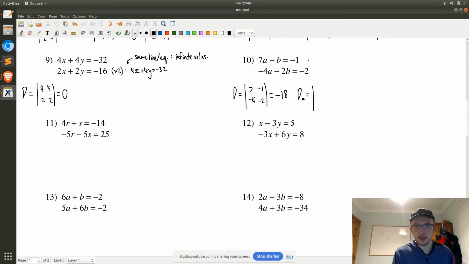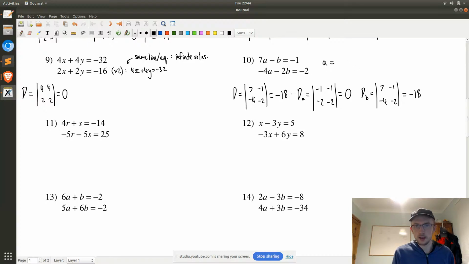Get the variables right. 2, 2, 0. Call it dB. Get the variables right. 7 minus 4 minus 1 minus 2. So minus 14 and 4. Minus 14, take 4. Minus 18.